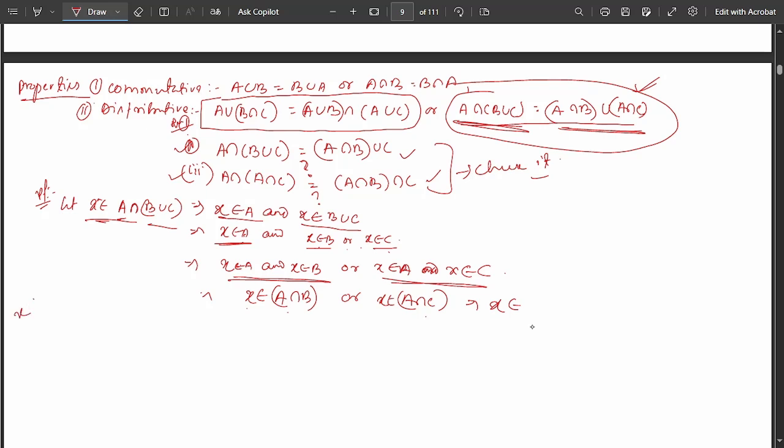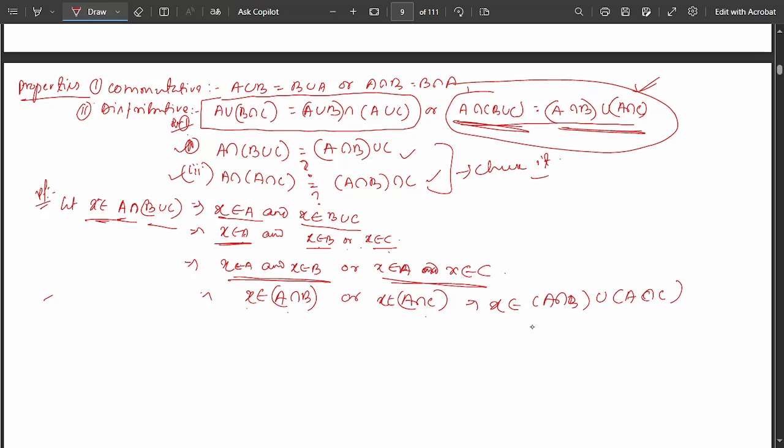That implies X belongs to A intersection B, union A intersection C.